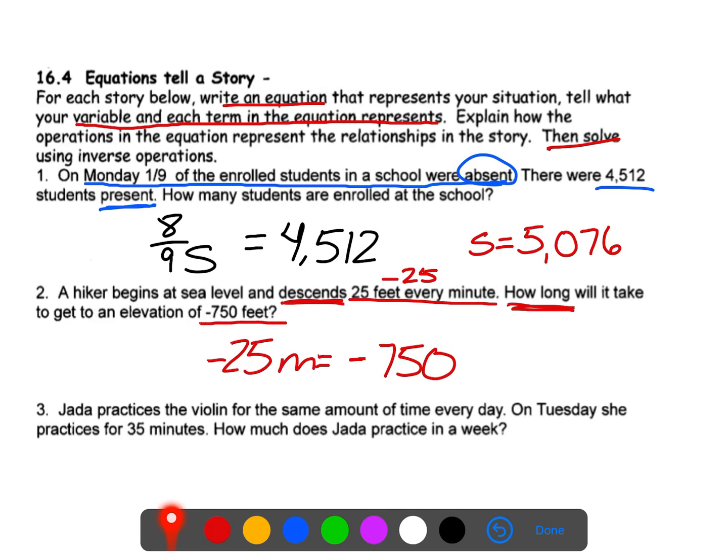Every minute, the hiker descends 25 feet, and that'll get us to the elevation that we're trying to get to. To solve this, we use the inverse operation. Again, we're multiplying, so we need to divide both sides by negative 25. And when we divide negative 750 by negative 25, we will get the number of minutes it would take to get to that height, which is going to be a positive number of minutes, 30 minutes.